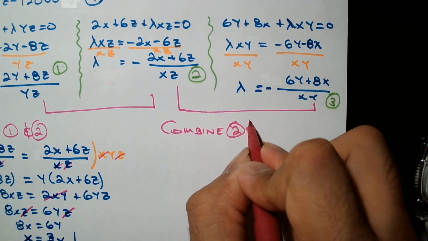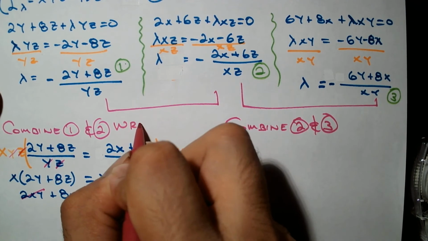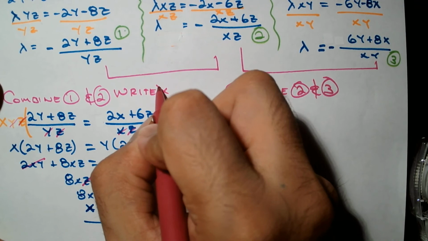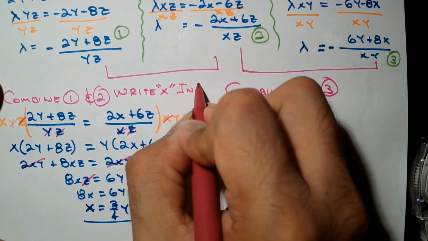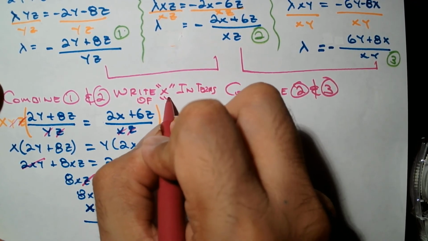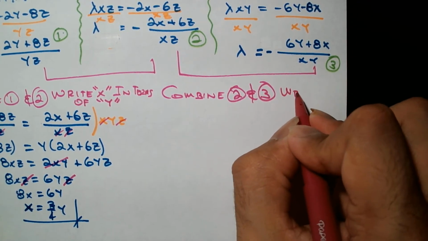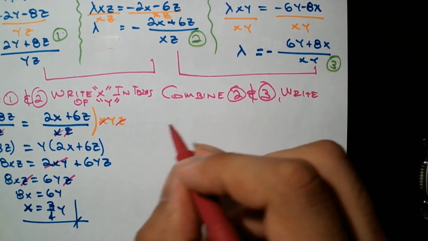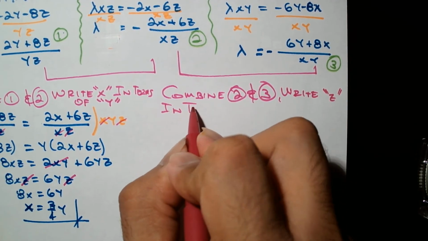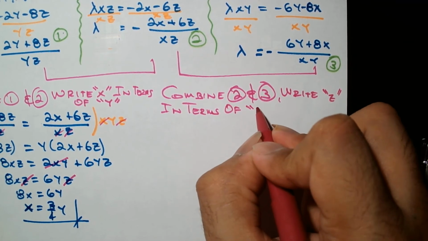So here we wrote x in terms of y, and in this case I'm going to write z in terms of y.